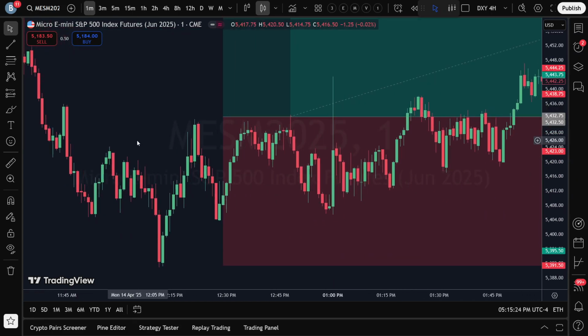All right, so the other one is here. You have a move up, move down. There's your first swing. Move up, down again, and then you break this. In this case, you probably could get away with your stop being here, because this is the bigger swing.